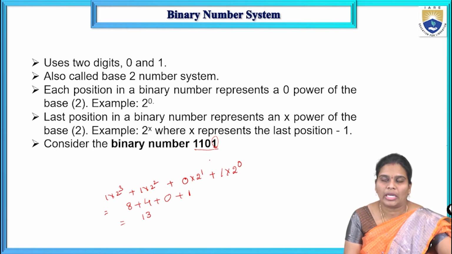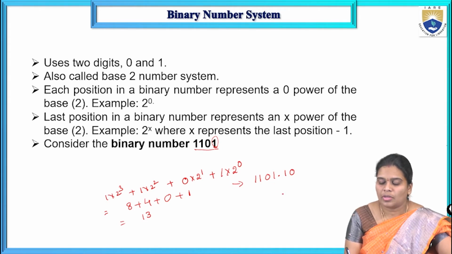Now I want to take the fractional values also. The example of this one is 1101.10. On the point right side we take the fractional values, and on the point left side the integer values. That means we multiply with the negative powers on the right side and the positive powers on the left side.